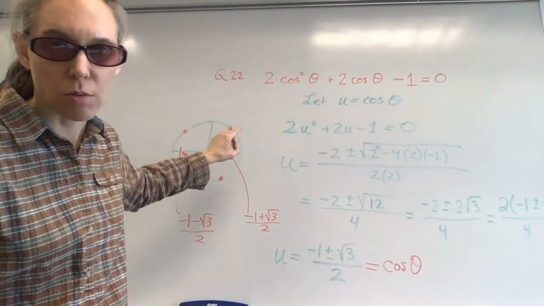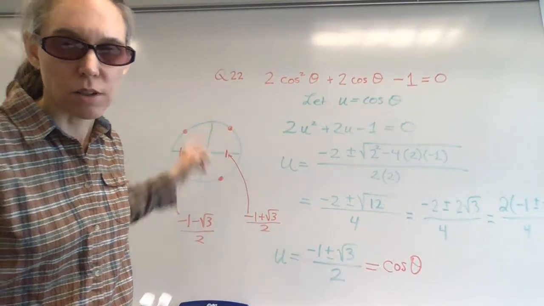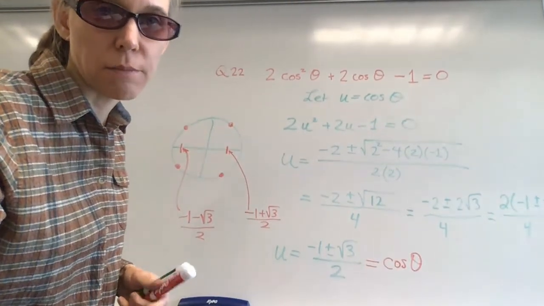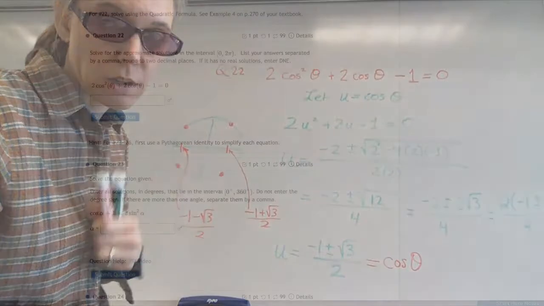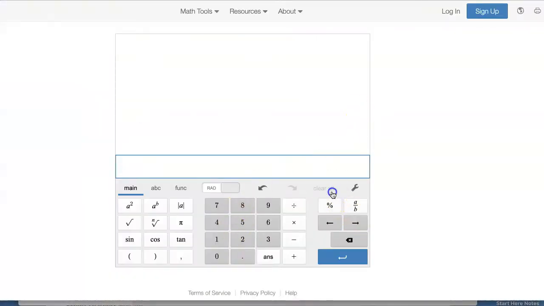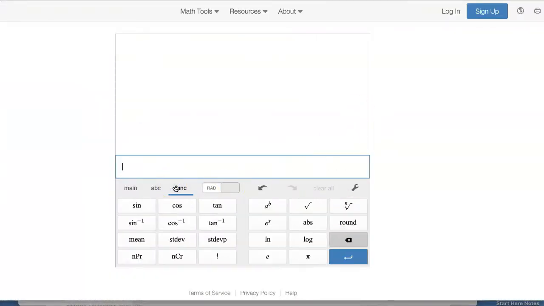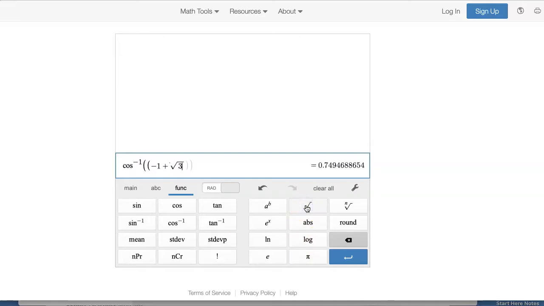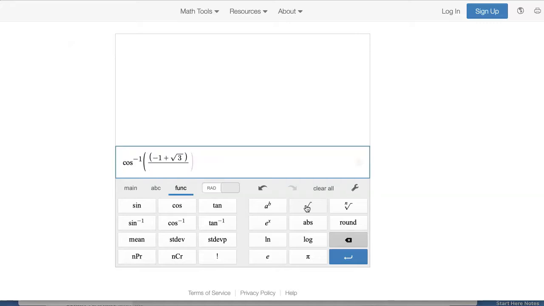And now we want to figure out what these points are using the inverse cosine. So now we go back over to the graphing calculator. We are in radians, so we want to use inverse cosine of, let's see, my numerator is negative 1 plus the square root of 3, and then I'm going to divide that number by 2.